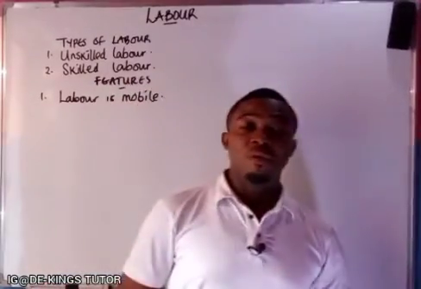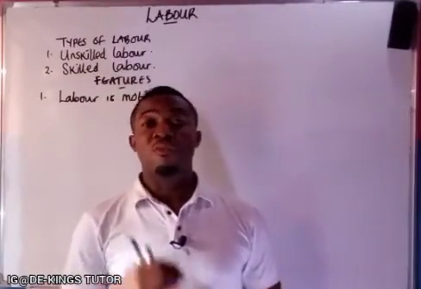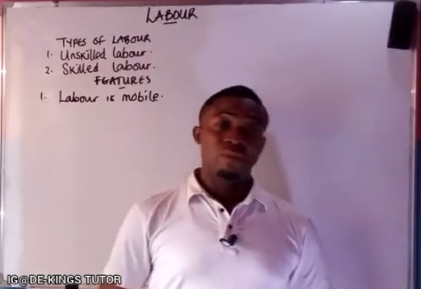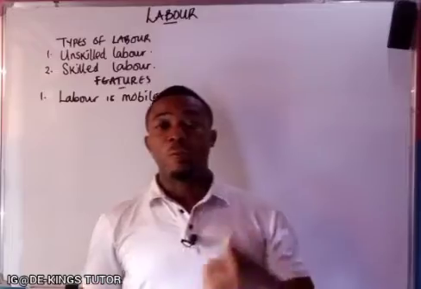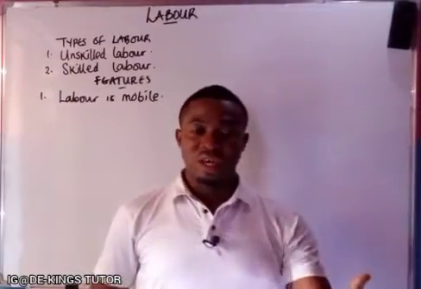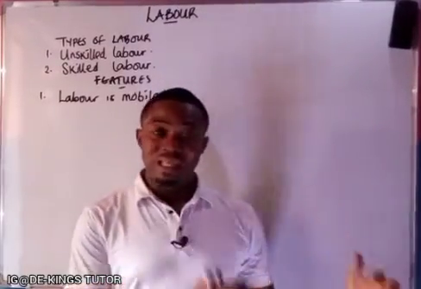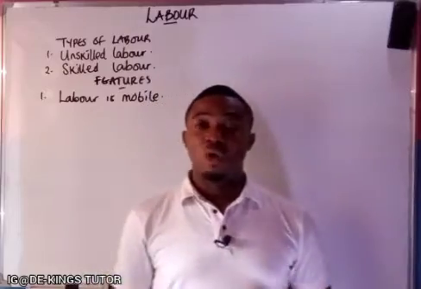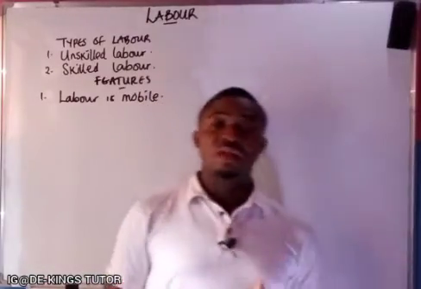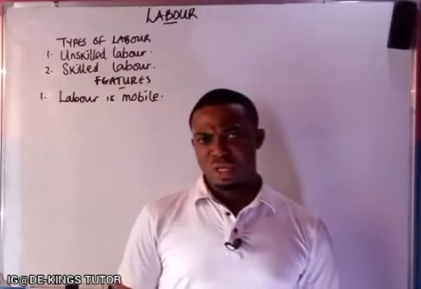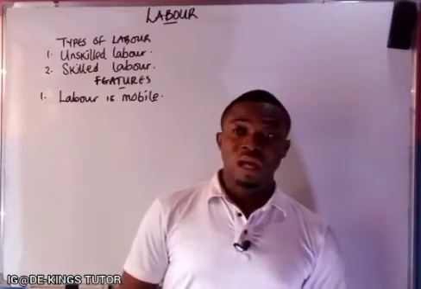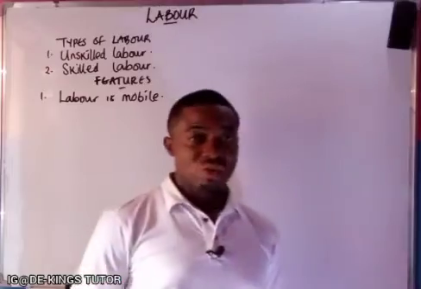The mobility of labor means that labor can be moved from one place to the other. Labor can move from one geographical area to another, or from one occupation to another. They are not like land that is immobile, static in one position. So that's the first one.